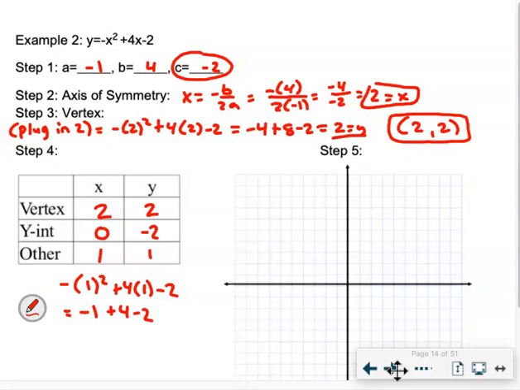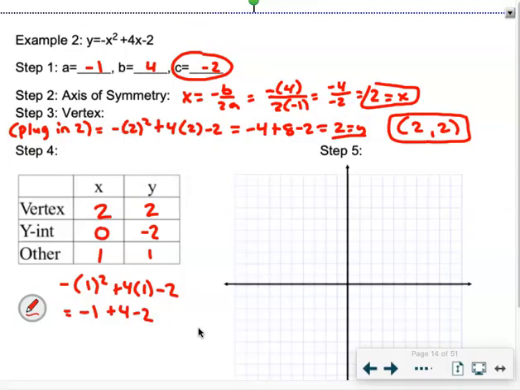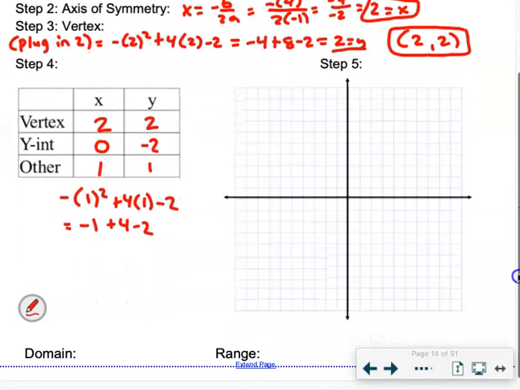So it looks like that's what our equation is going to be this time. Next will be to graph those points. Remember that I have a vertex at 2, 2. I have a y-intercept at 0, -2. I have another point at 1, 1.